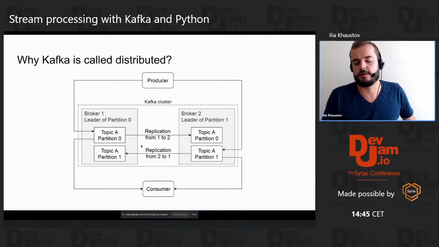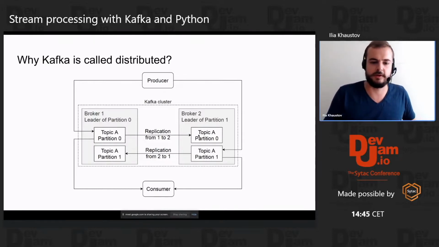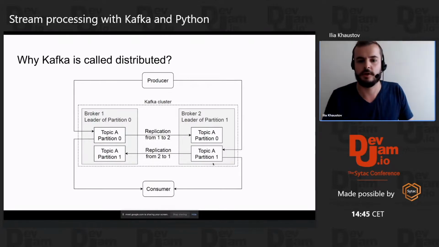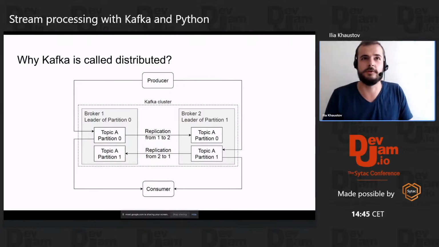In case a broker goes down, the leadership of its partition transfers to other brokers. That's how it is also made reliable. And because the topic is replicated to other brokers, you cannot just take down the whole Kafka if you have enough brokers and at least 2 of them are working, right? Of course, if you don't have a huge input of data, which can be too huge for 2 brokers, but that's a different story.